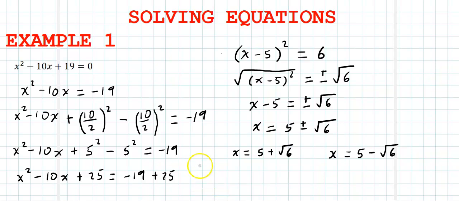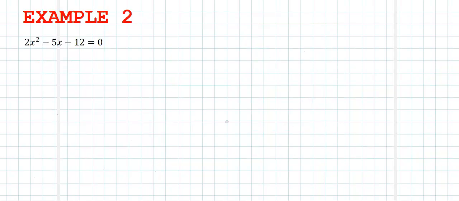These are the steps for the solution when the coefficient of the squared term is 1. But what happens if we have a trinomial and the term with the squared variable has a coefficient that is 2?